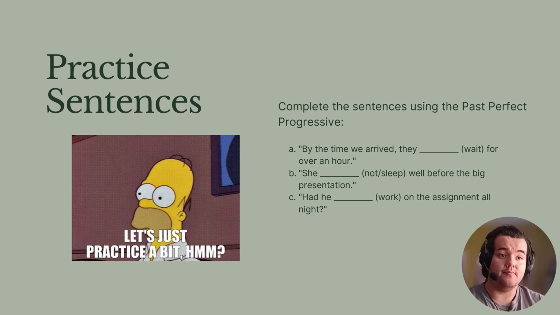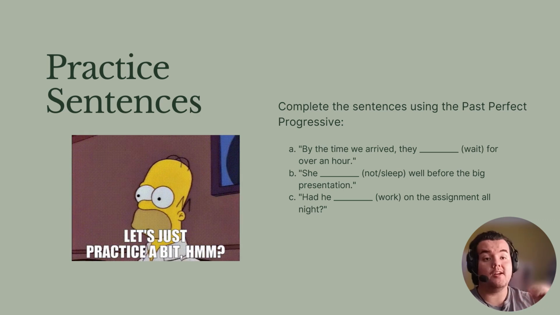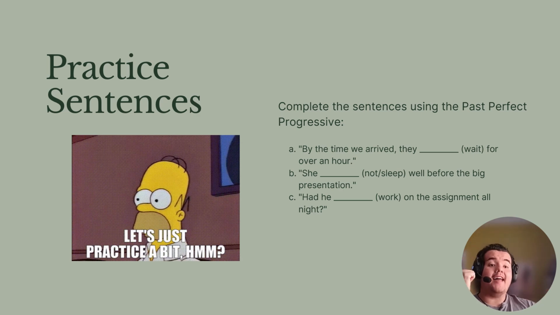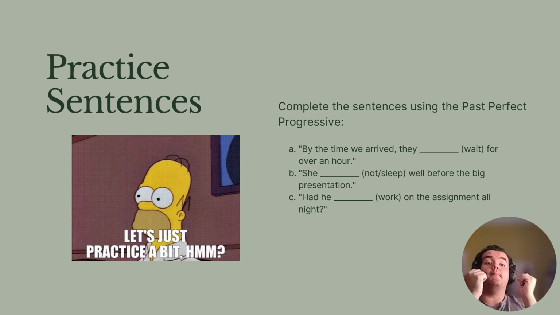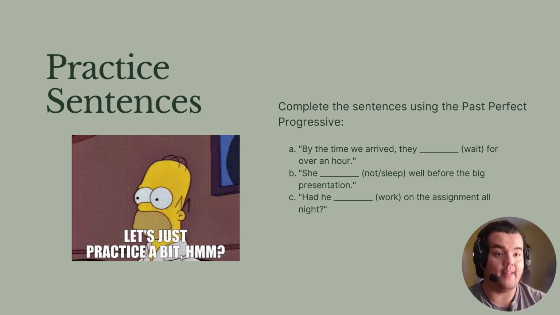Let's continue. The last practice will be: had he, space, work on the assignment all night. Assignment is similar to homework. Had he been working on the assignment all night?